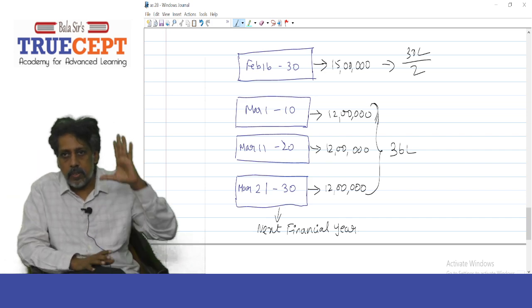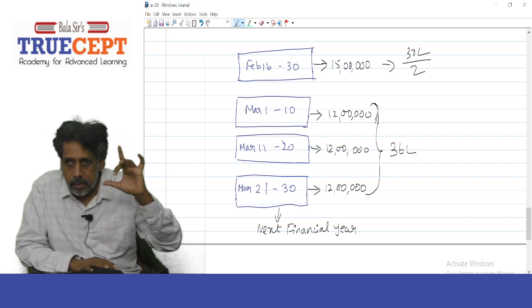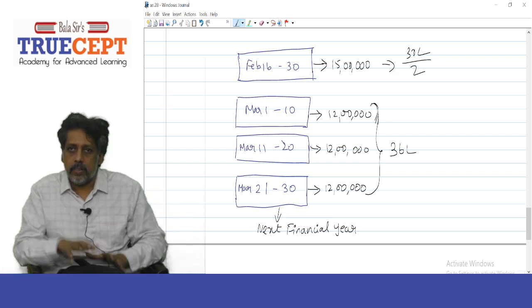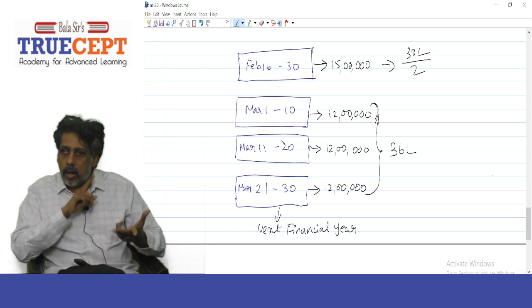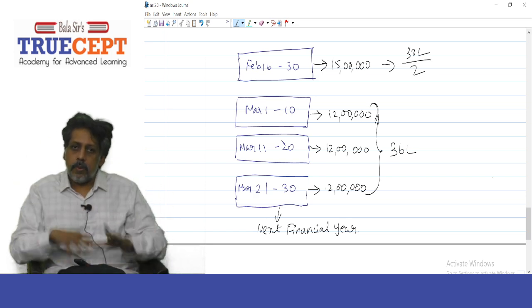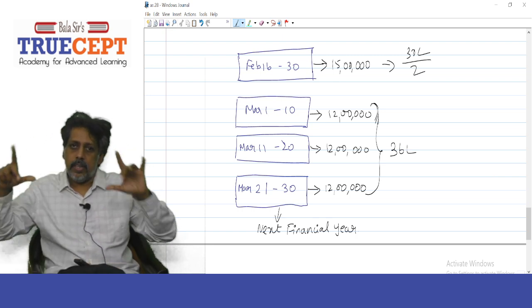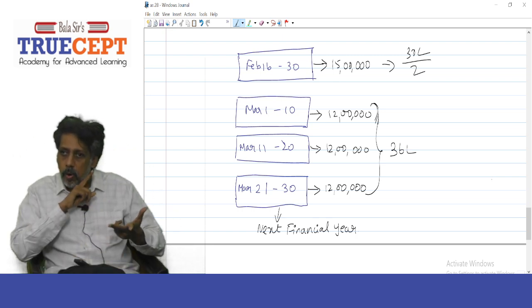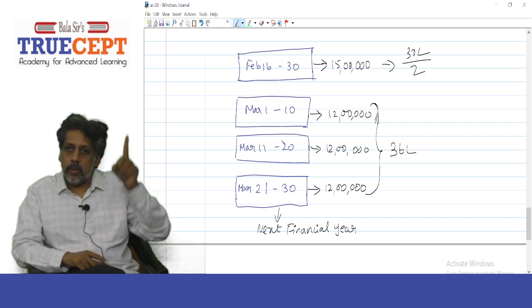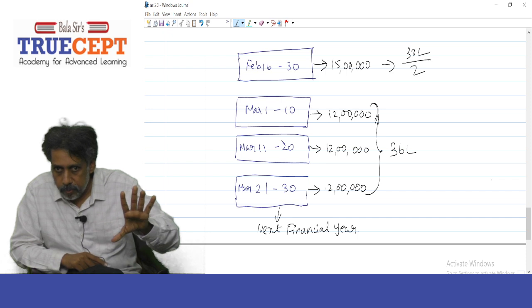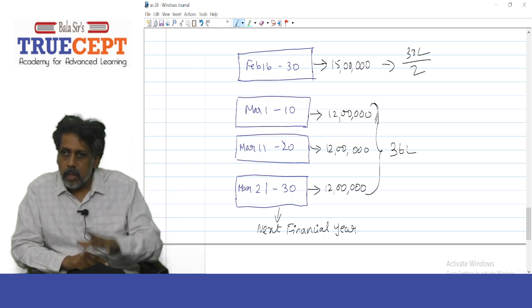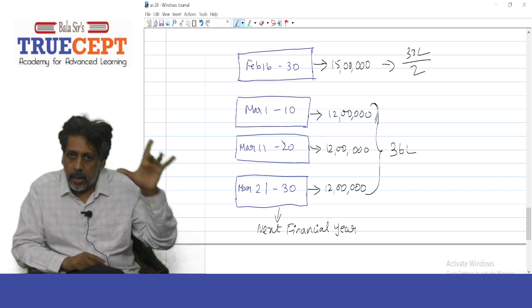What is it? March 11th to March 20th. The rupees 12 lakh worth of goods sold between March 11th and March 20th. Let's assume that all goods were sold on March 20th. I'm going very slow. So on 20th I sold all the goods, 12 lakh.